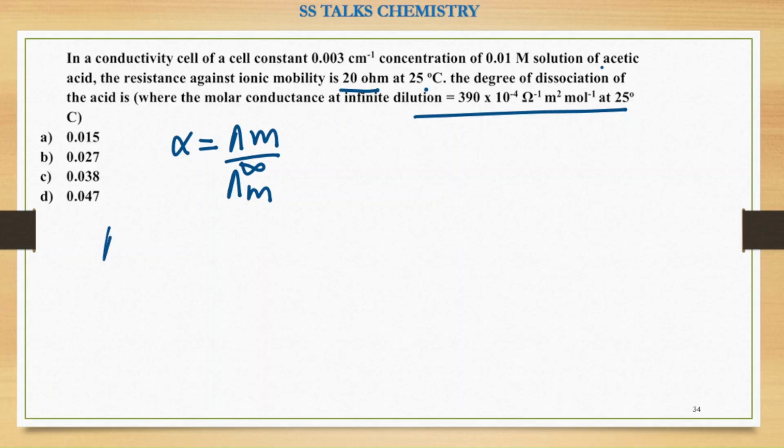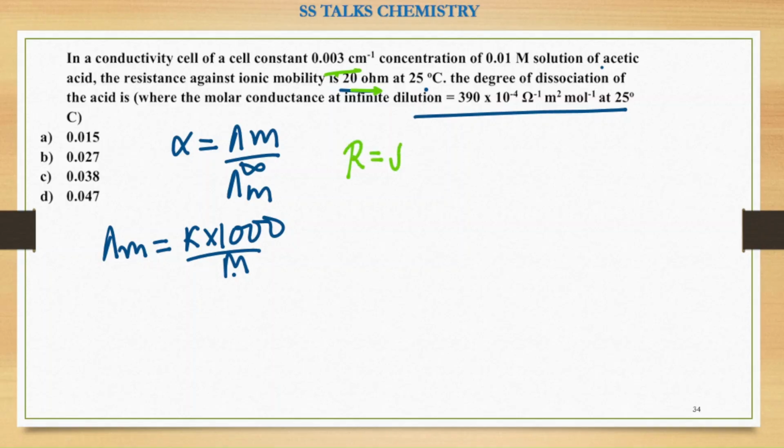Molar conductance is equal to kappa into 1000 upon the molarity. The concentration is in mole per centimeter cube, so this 1000 factor you have to include in that case. We have been given this cell constant and this resistance value, and we have to find this kappa value.